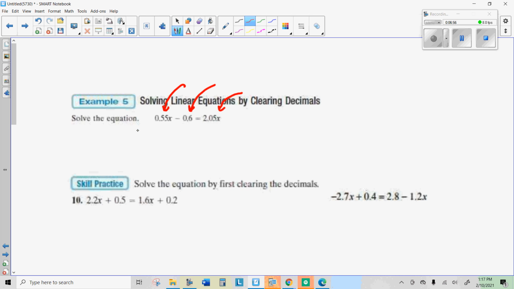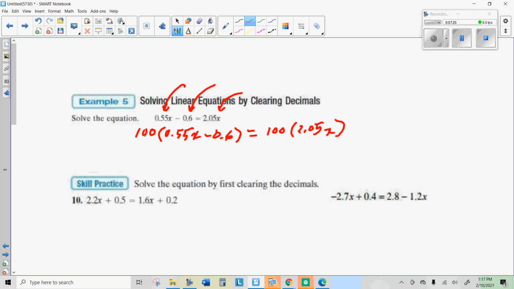So if I multiply everything by 100, that's going to move the decimal over 2 places. And so I'm going to end up with an equation that has no fractions. So I'm just multiplying both sides by 100. And that's pretty easy to do.